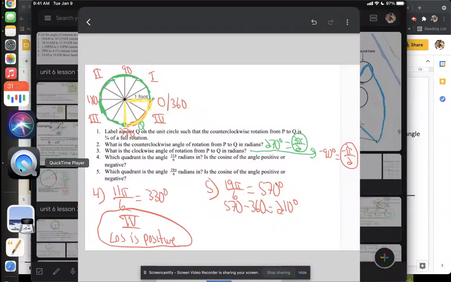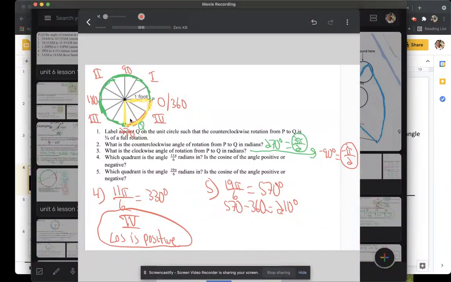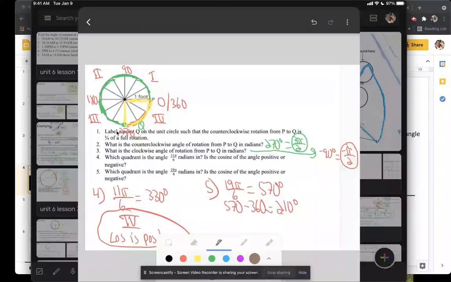So 19 pi over 6 radians is equal to 570 degrees, which is the same as 210 degrees. 210 degrees is between 180 and 270, so that is going to be in this quadrant right here. That would be quadrant 3.